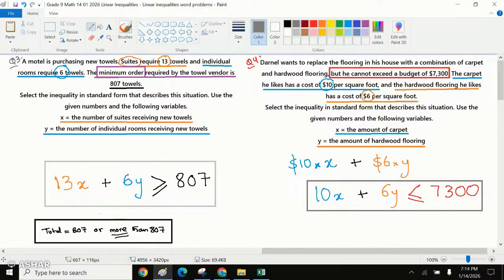That means it should be less than 7,300. But the term used is he cannot exceed. They never said that he cannot spend 7,300, right? That means we need to put an equal sign as well, because he can afford 7,300 also. So it could be equal to 7,300 or any value less than 7,300. So the inequality is 10x plus 6y is less than or equal to 7,300.